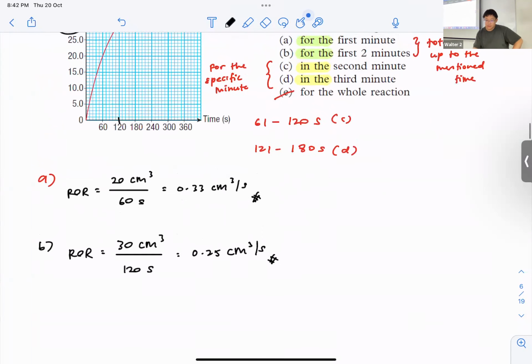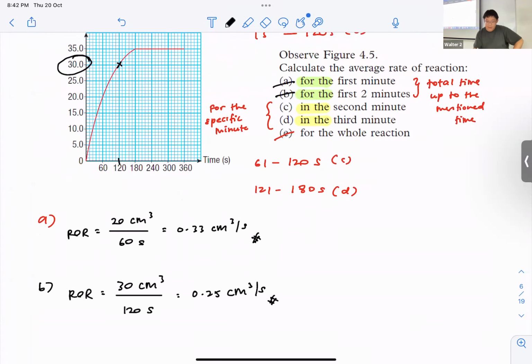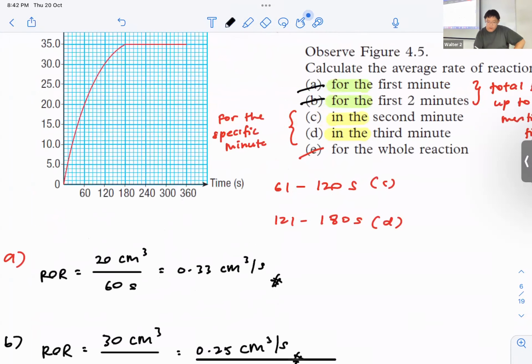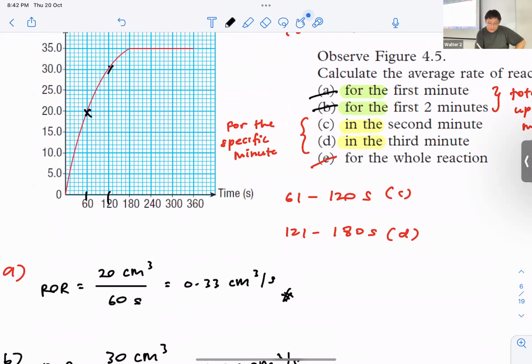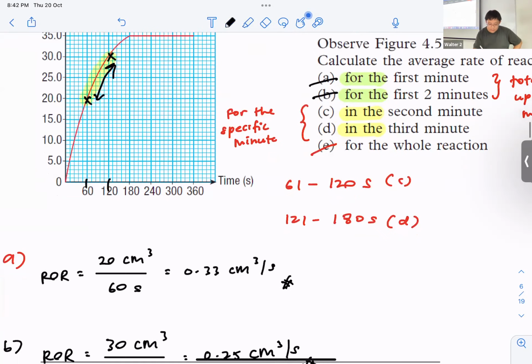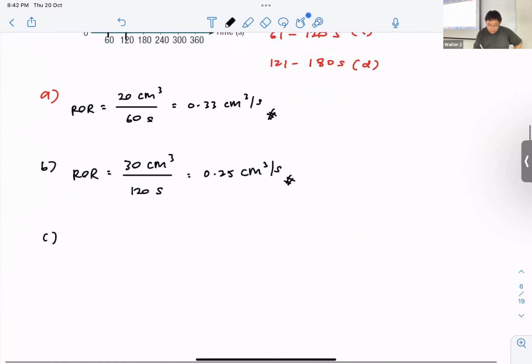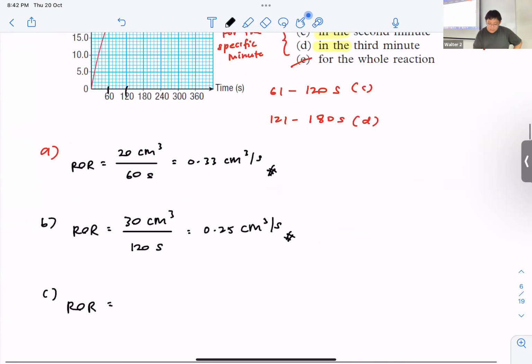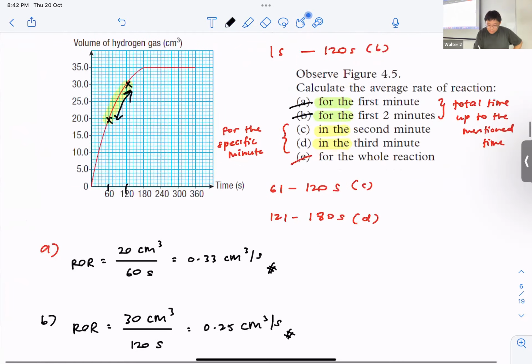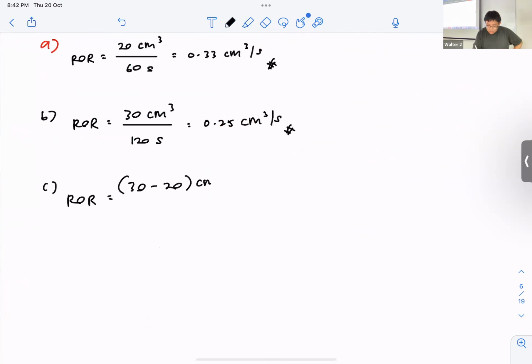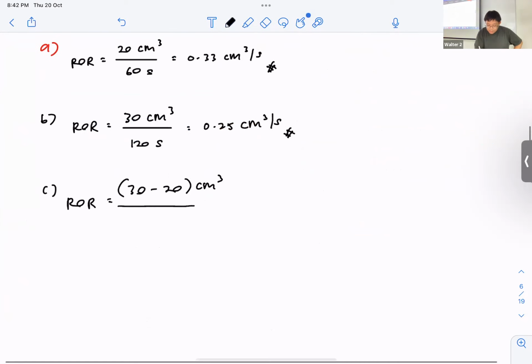And then for C, in the second minute, we have to take 2 points, 60 and 120 seconds, 20 and 30 cm3. So we're calculating the rate between these 2 points. You understand? For C, you pick the 2 points. Average rate of reaction will be 30 minus 20, divided by 120 minus 60.